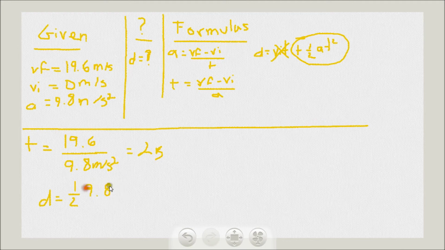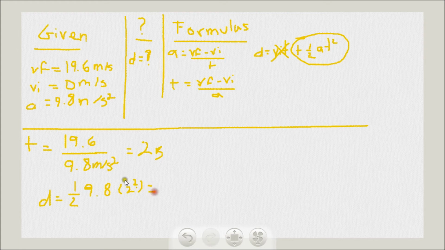I'm not going to put units because we know them, we don't need them. Multiplied by the time squared, so 2 seconds squared, so 2 squared.